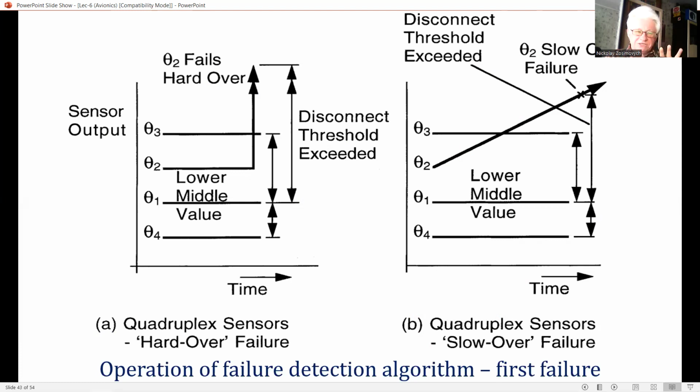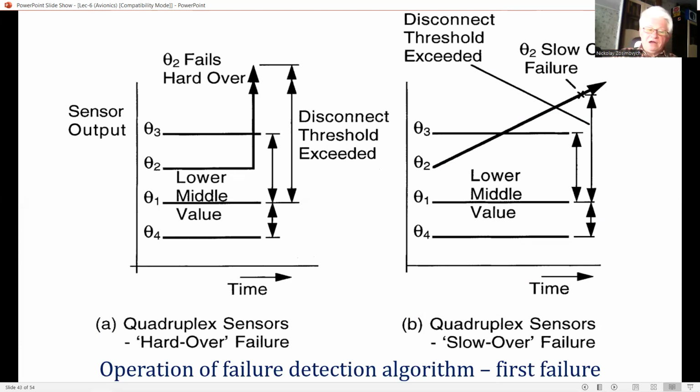Suppose, for example, sensor outputs for a particular quantity were as follows: theta 1, 60; theta 2, 60.5; theta 3, 60.7; and theta 4, 59.7.